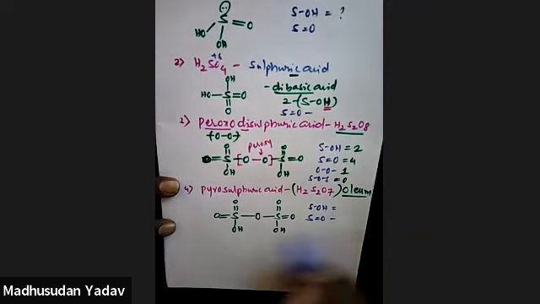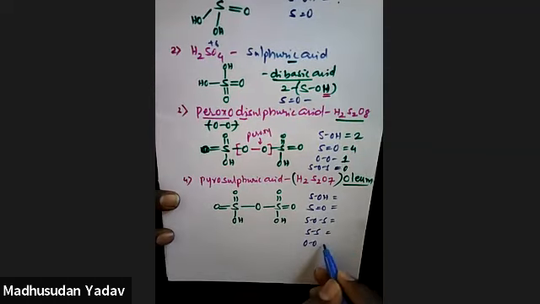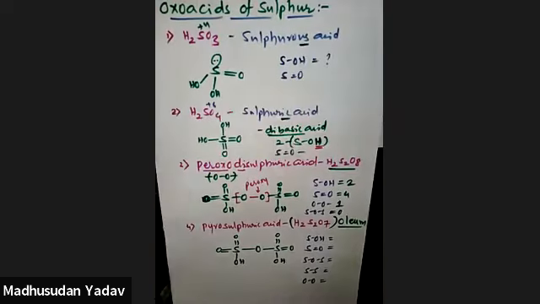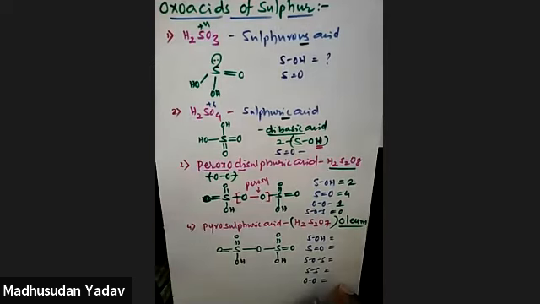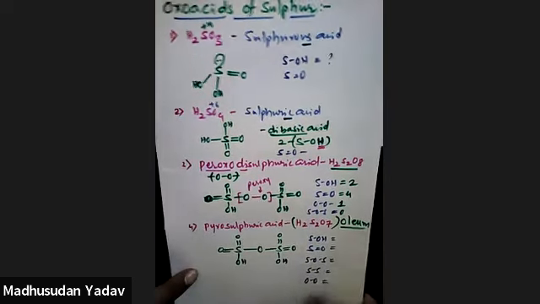Sulfur hydroxy links, S double bond O, SOS links, SS links, how many? And peroxo links, if they are present, you can write, otherwise leave it. So this kind of analysis they will ask in the exams. You need to carefully draw the structures.